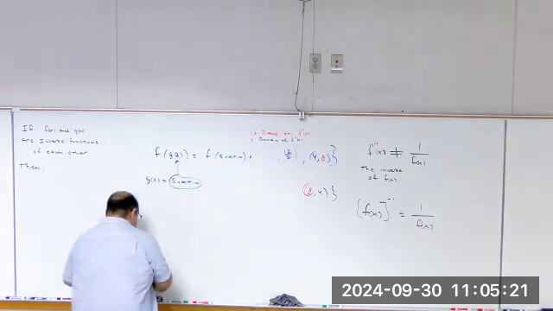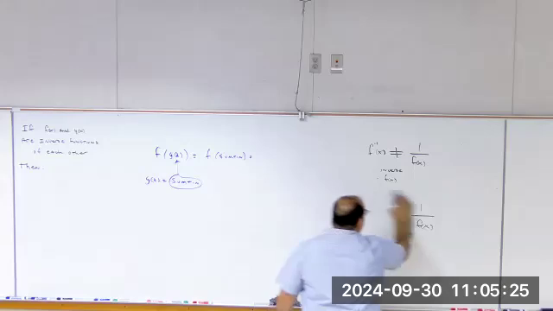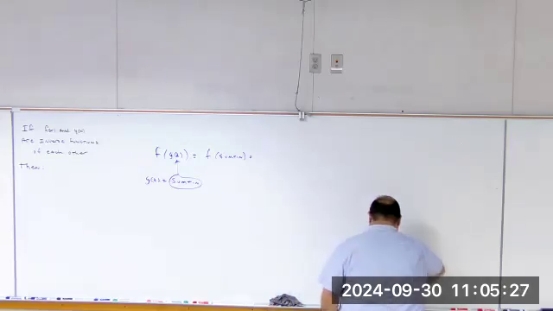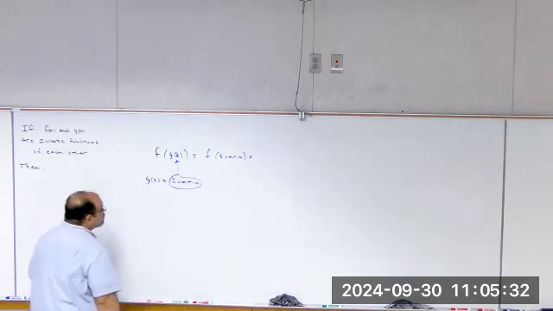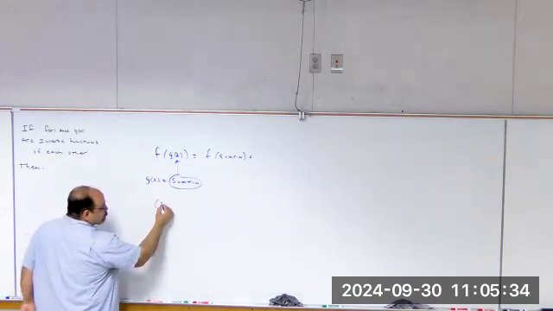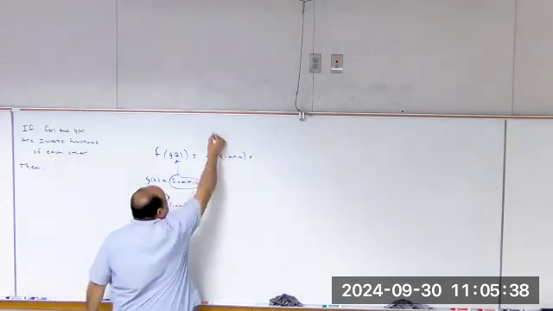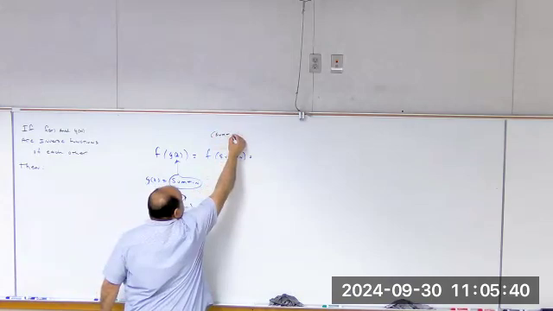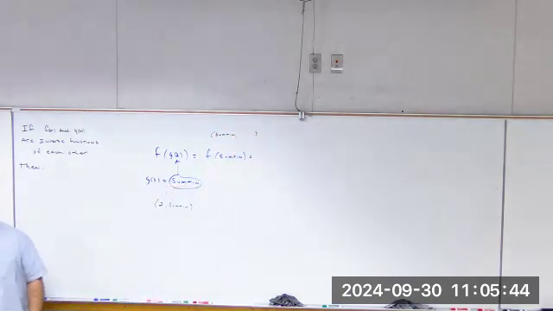If they're inverse functions, what is f of something going to be?